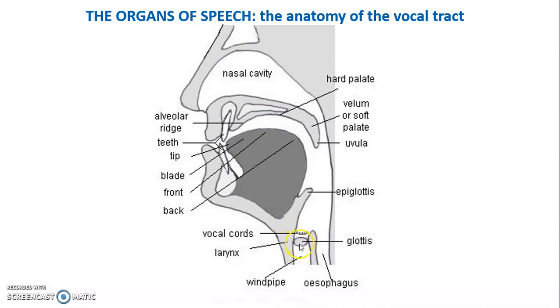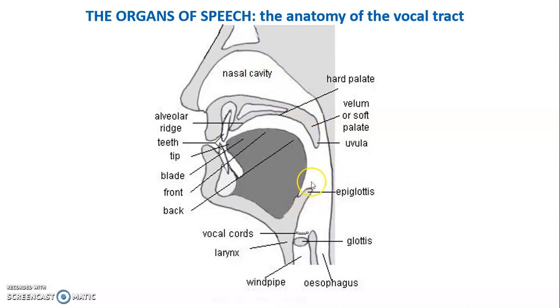Inside the larynx we find the vocal cords. The glottis is the opening between the vocal cords. That sound generated at the vocal cords is amplified, resonated in the pharynx, in the mouth, or in the nose.